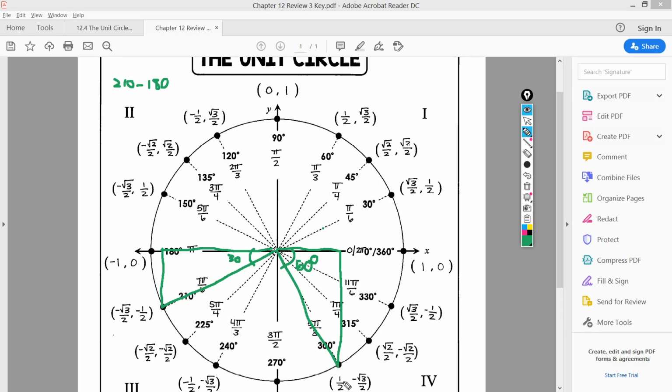So that means this will have the same x and y's as, whoa, the 60-degree triangle. 1/2 and √3/2, and we flip the sign of the √3/2 to negative because this y component is coming down. Okay?